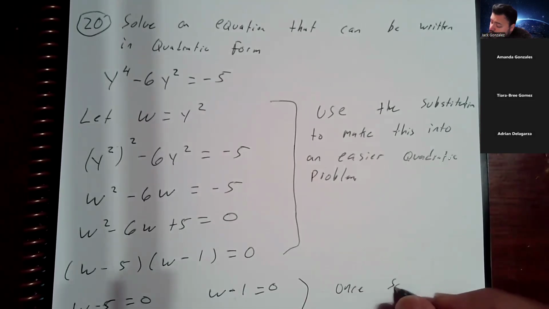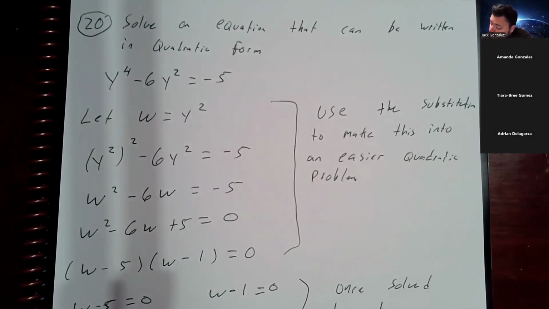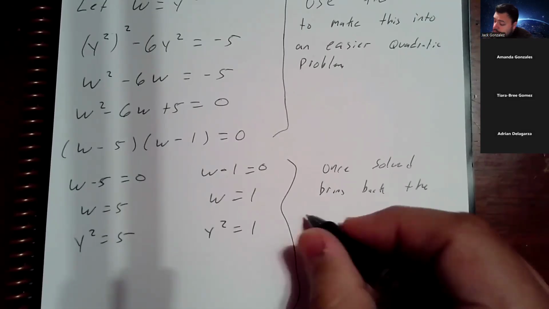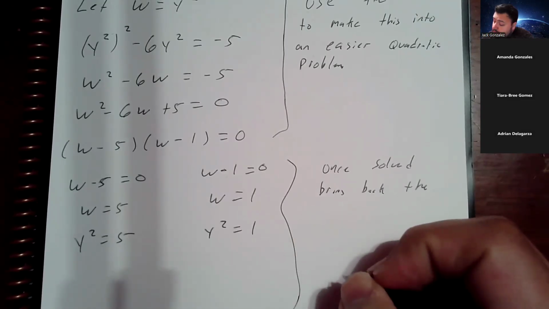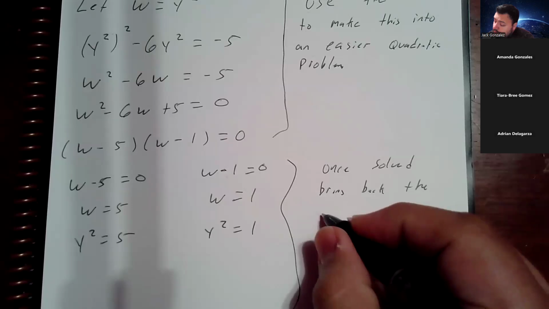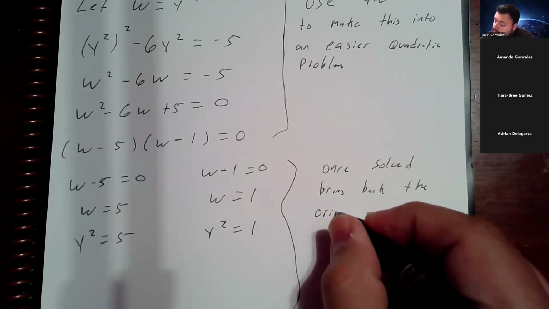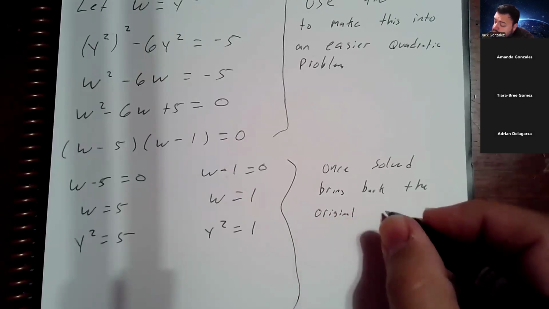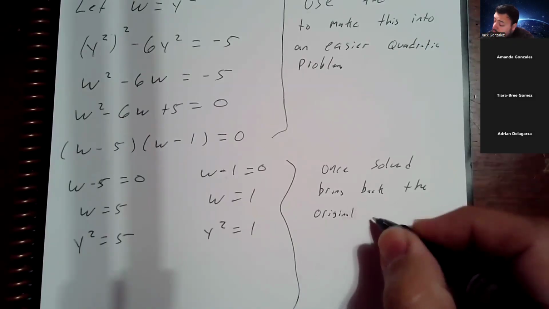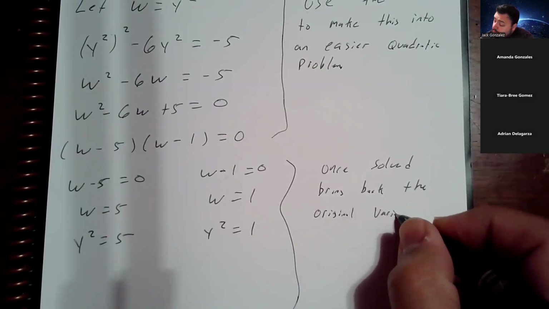Once solved, bring back the original variable. Because w was made up, so who cares about that? We were looking for y.